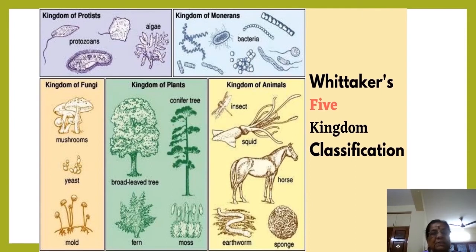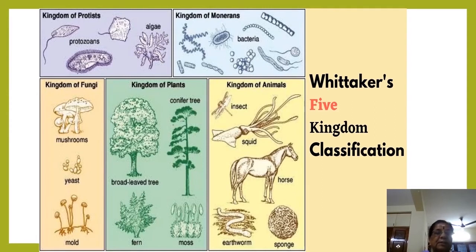Now in this paramecium, can you see this hair-like structure? This is hair-like cilia. And this is euglena, with a single whip-like flagellum. And this is algae. So this is for kingdom Protista.